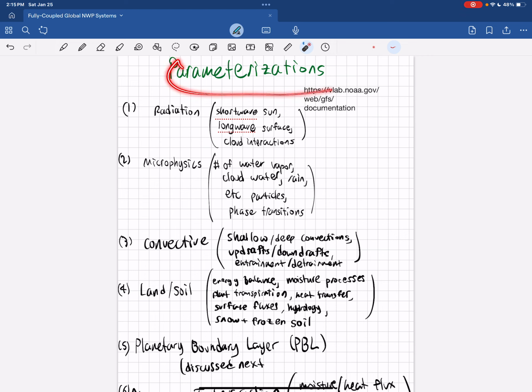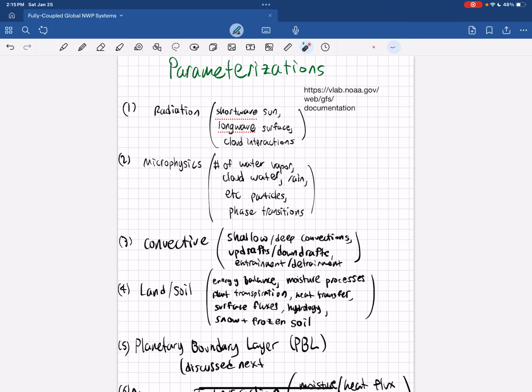The fact that they're called parameterizations is basically saying maybe we know the equation for this, but we can't actually resolve it. So we need to come up with a way of seeing, within a bigger grid box, what the microphysics happening in between is, that we can't actually calculate. That would be one reason that something is called a parameterization.